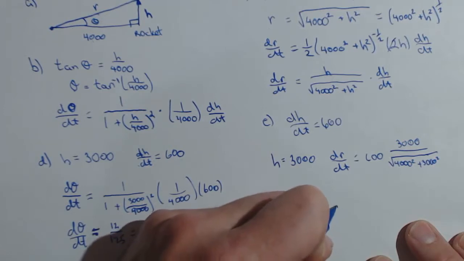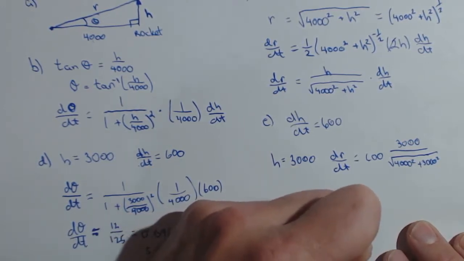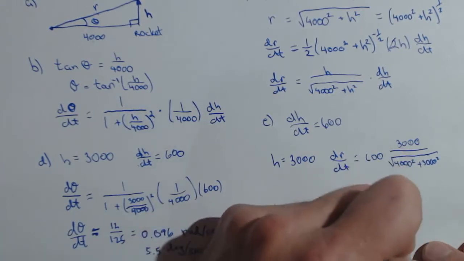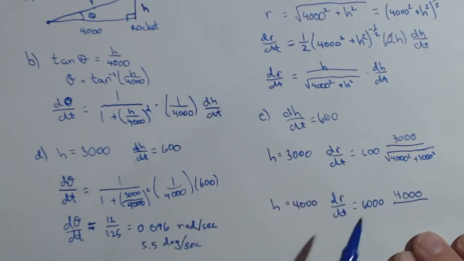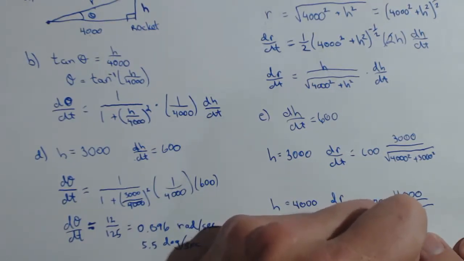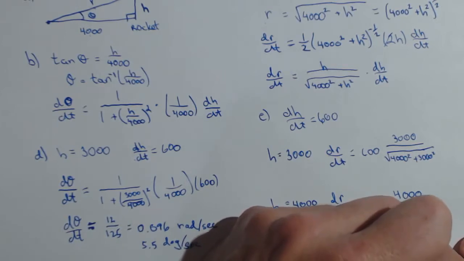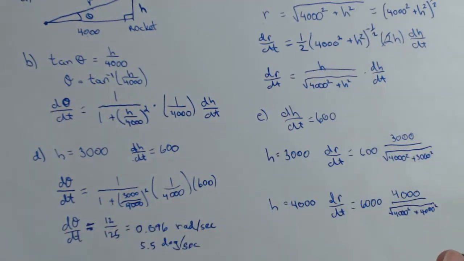At 4,000 feet, our dr/dt is going to be the 600, almost the same, except now we have 4,000 over the square root of 4,000 squared plus 4,000 squared. So let's get an estimate of these so we can see which one is going to be greater.